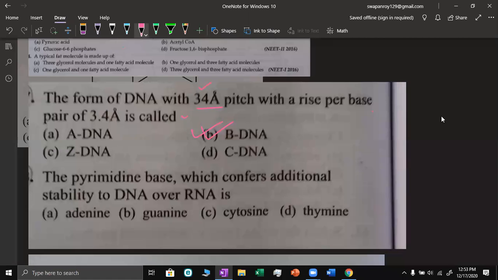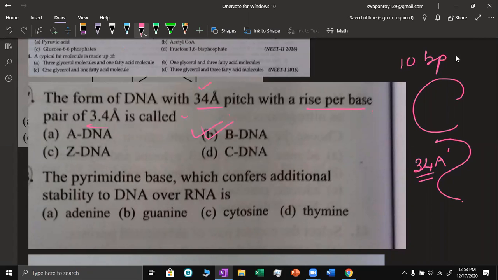Pitch means one complete coil, one complete circle. So that is called the pitch height. Pitch height is 34 angstrom, and the rise per base is 3.4 because in one pitch there are 10 base pairs.